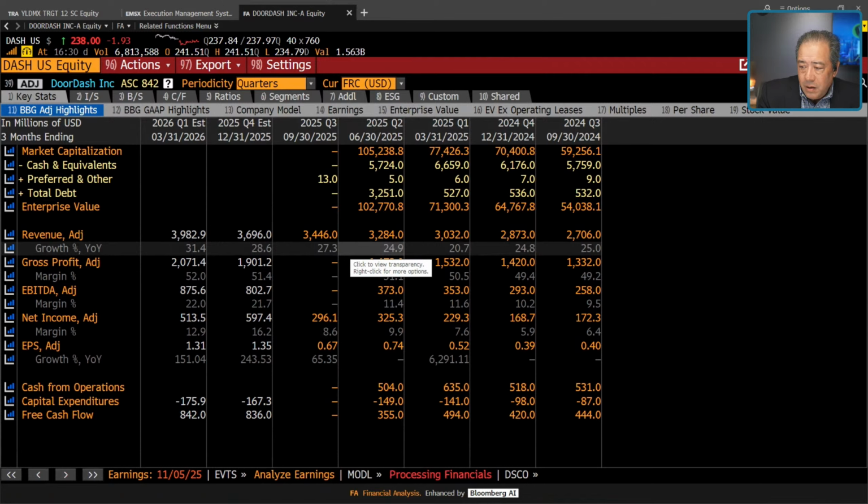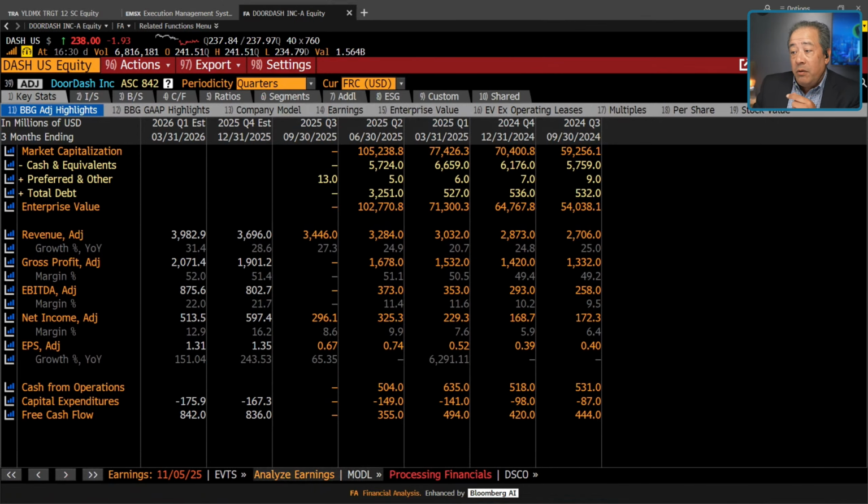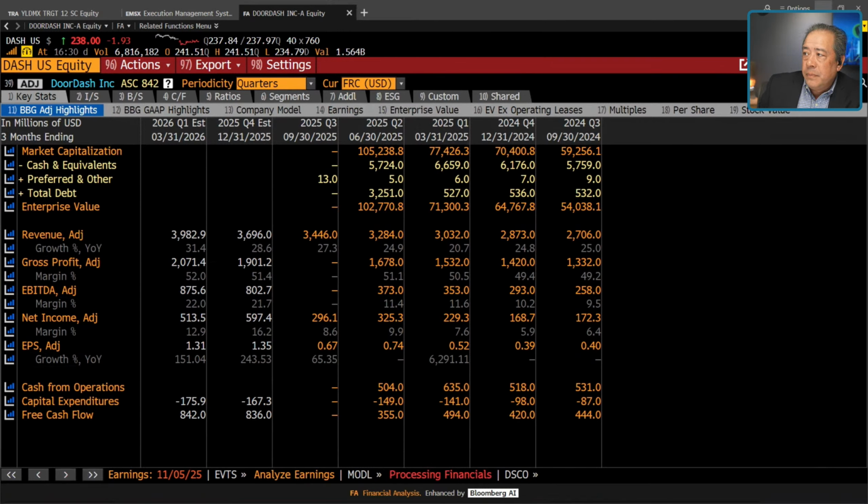So that's a 3.75% free cash flow yield. It's not bad. That's just annualizing the number that they just reported. It's not in here because it should be right there, but Bloomberg hasn't put it in yet.